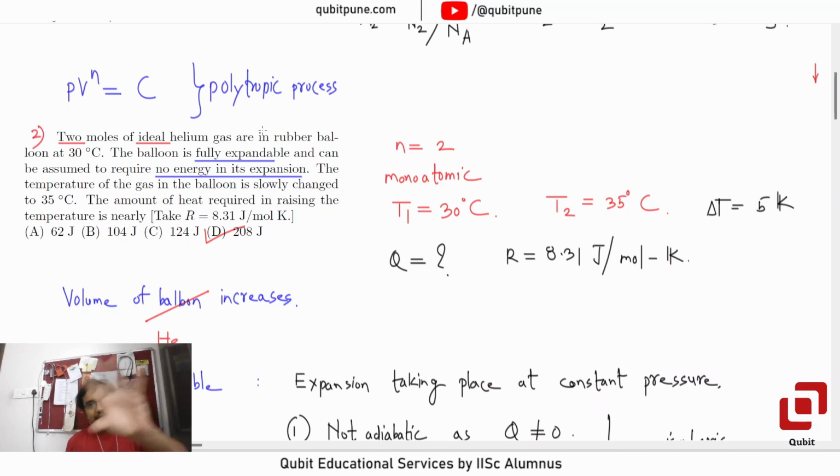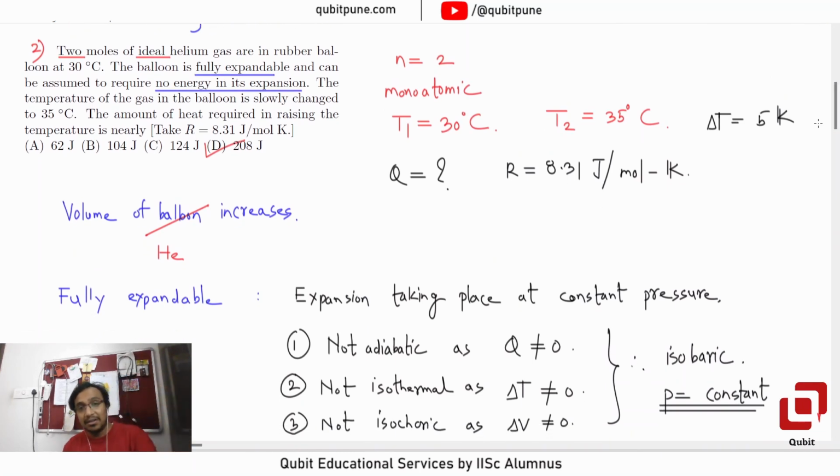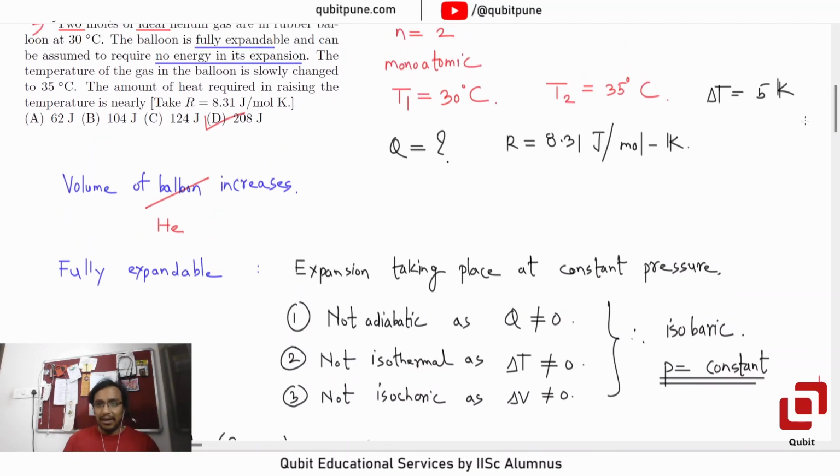But because all of that is not there for us now, we ask ourselves what kind of process it is. It's not adiabatic because heat is required. It's not isothermal because temperature is changing. It's also not isochoric because the balloon is expanding.